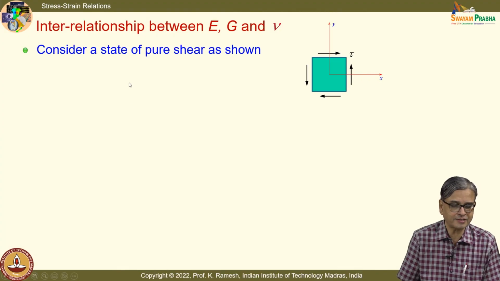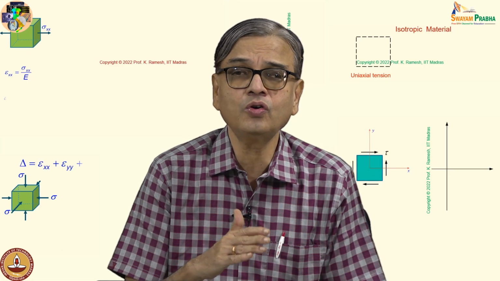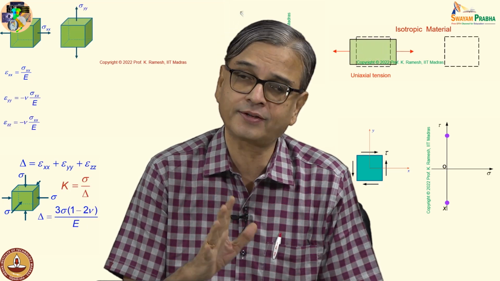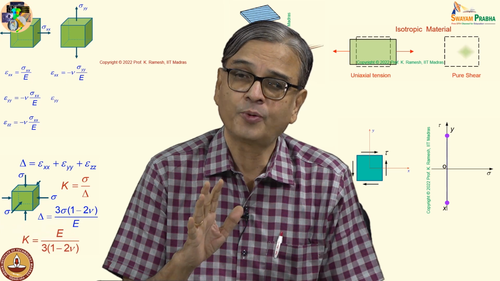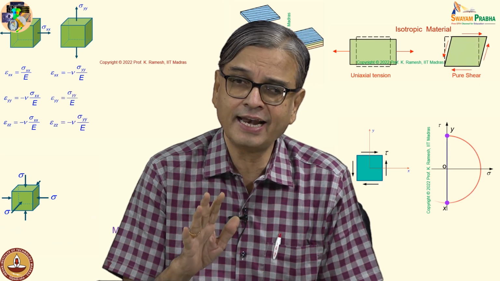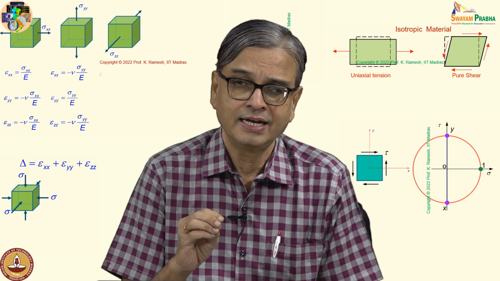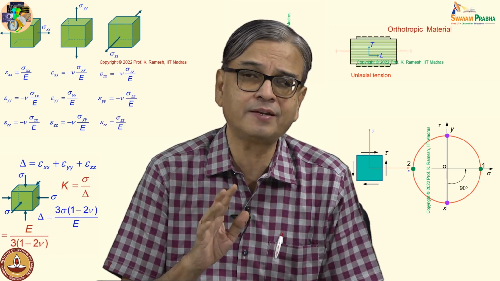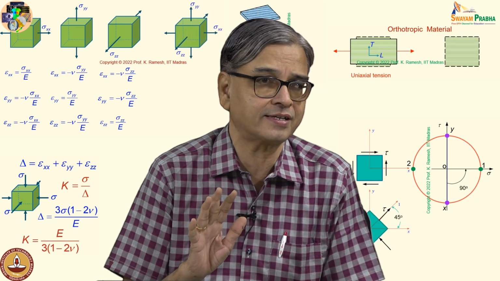Now we take up a simple situation where I take a pure shear state. See, this is also an application of the concepts that you have learned so far. So please draw the Mohr circle and label the points. Another very important aspect, see, most of our discussion will be confined to isotropic materials.